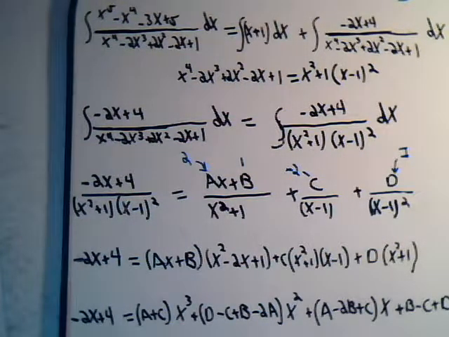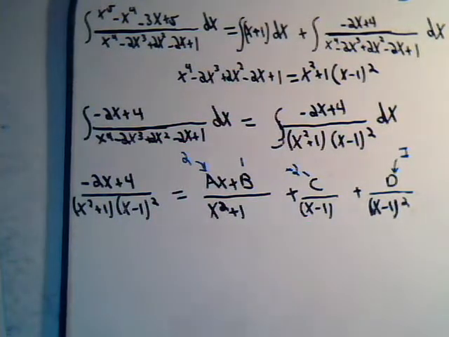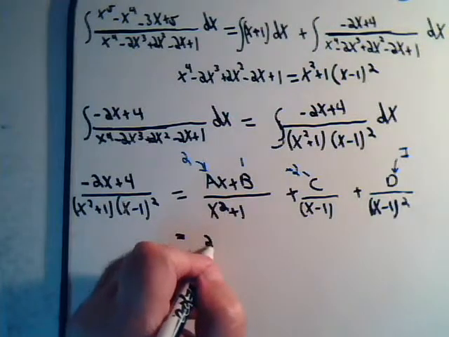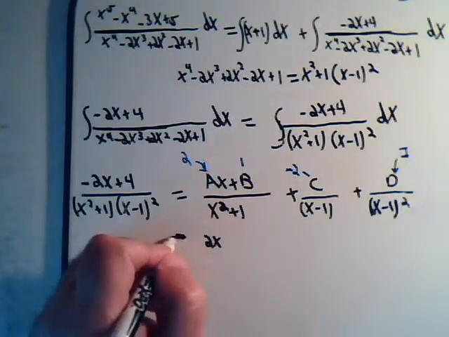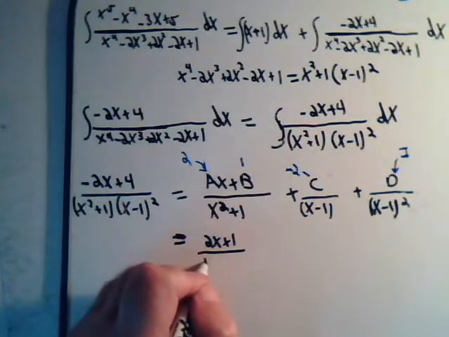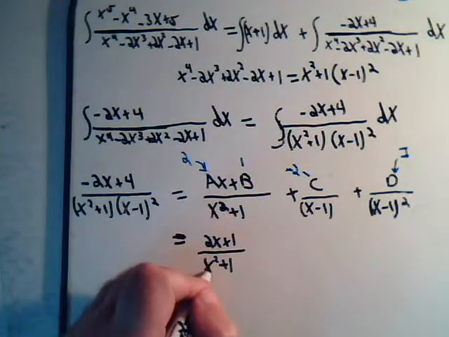So, let's make some room here. This expression equals 2x plus 1 divided by x squared plus 1.